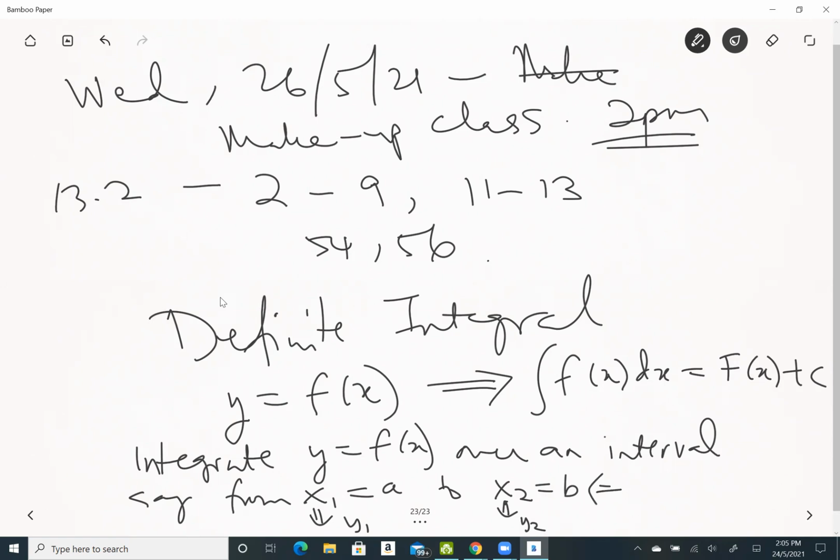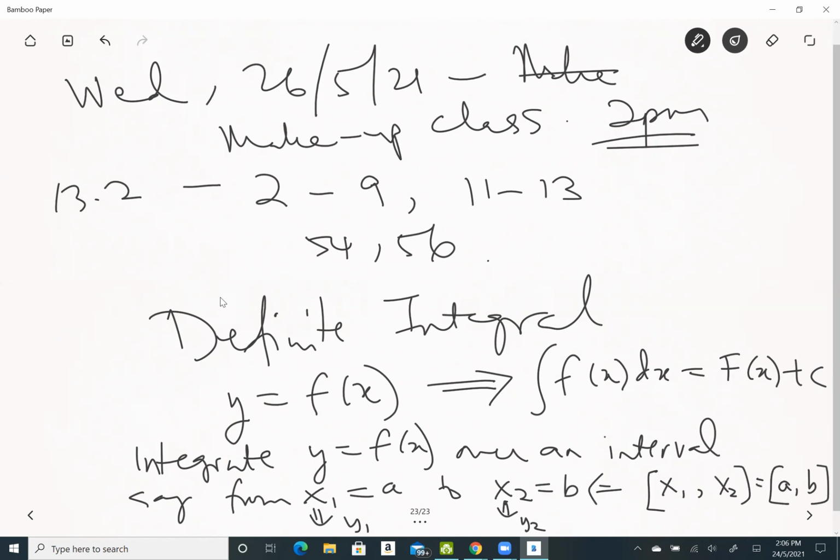So you call it integral over an interval from x1 equal to a to x2 equal to b. We denote the interval as x1, x2, or like the book, a, b.